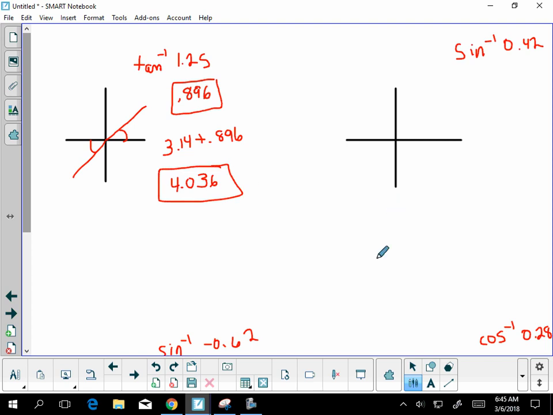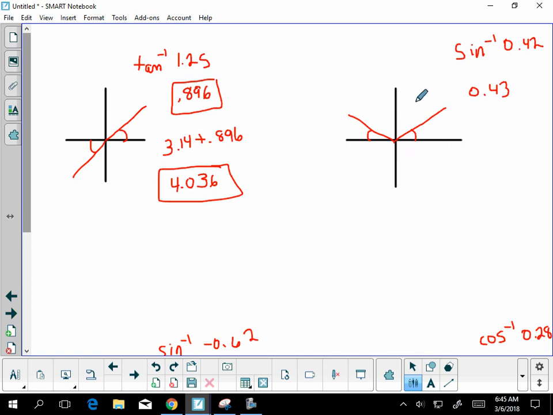For letter B, hit second sine 0.42, and you get 0.43. Well, sine is your y coordinate, so that's where your y's are going to be positive. So those two angles are going to be the same, and that's 0.43.